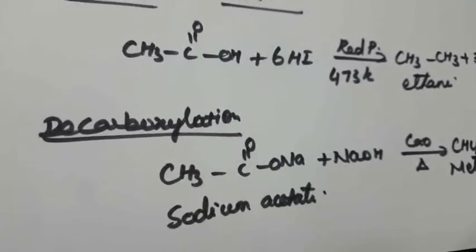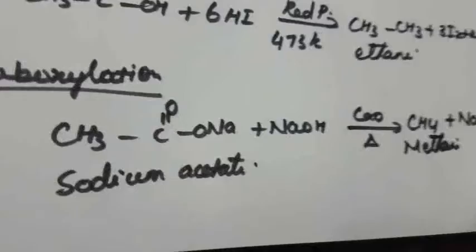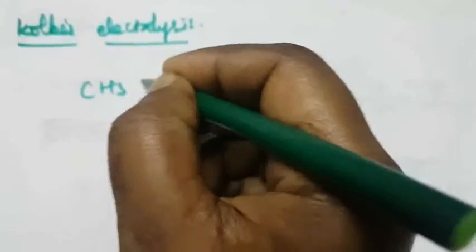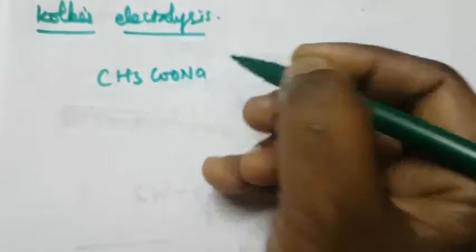So when it is decarboxylation, that is also sodium acetate. So next one is Kolbe's electrolysis. Kolbe's electrolysis, again it will form sodium acetate, CH3COONa.